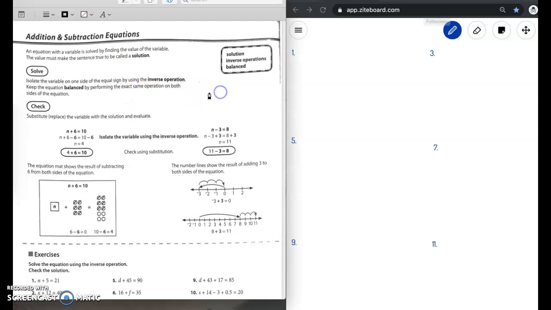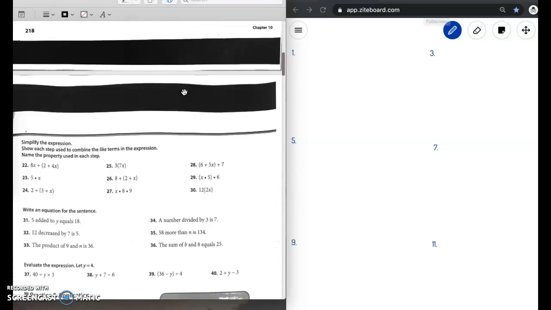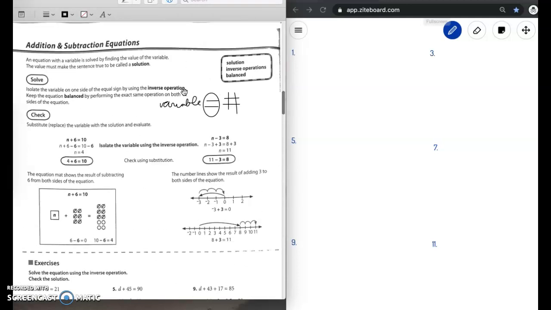So for example, if this is the equal sign, you have to put all the variables on one side and all the numbers on the other in order to solve it. This is a sign for numbers, and this is the equal sign. Okay? So keep the equation balanced by performing the exact same operation on both sides of the equation. We practiced some of that in Monday's lesson, and we're going to go more in detail into it.